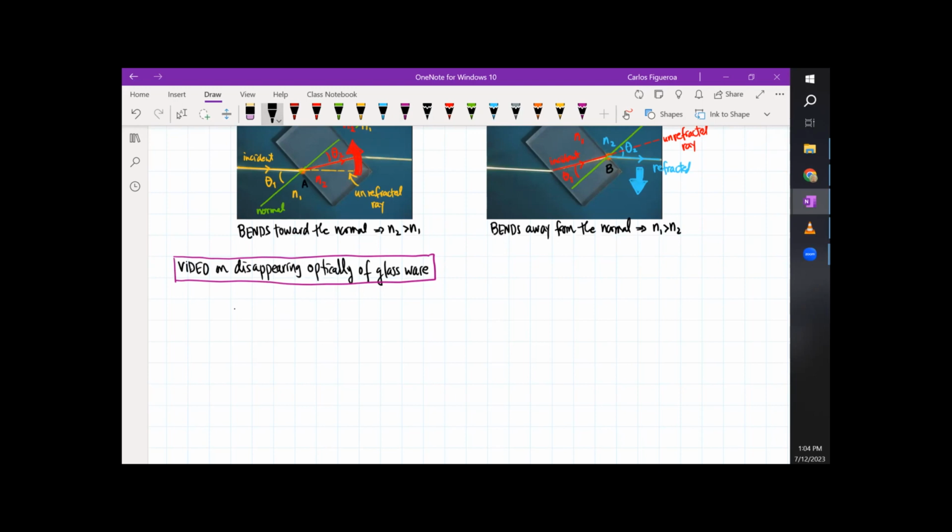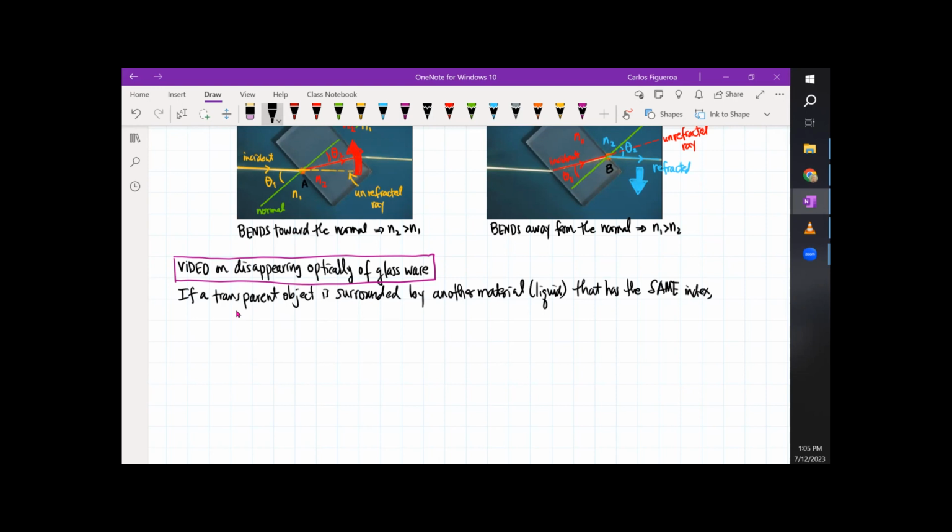And here's what you find here: if a transparent object is surrounded by another material, and typically what we're saying in this case is going to be a liquid that has the same index, then the light that enters does not change its path.